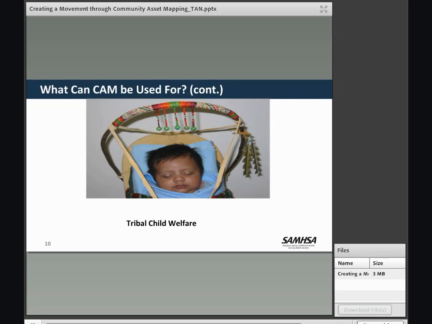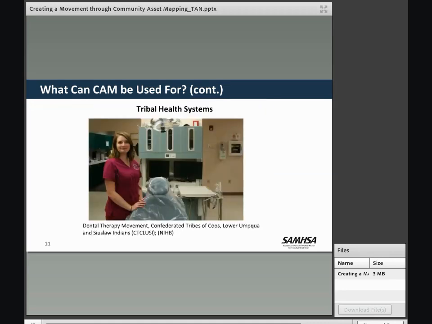It could identify community members who can offer parenting workshops that highlight cultural and traditional practices. They could also use methods that could identify families who would be willing to be tribal foster homes. So knowing what assets are within the community can assist tribal child welfare in creating resource lists for families, so that those could include housing, employment, childcare, healthcare, education, cultural centers, activities, community gatherings, substance treatment, and many more.